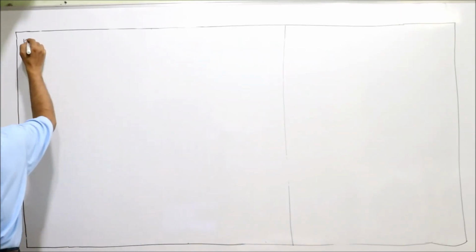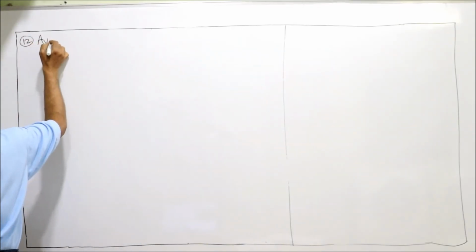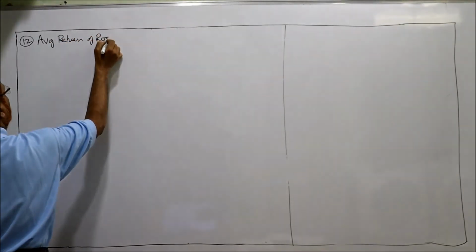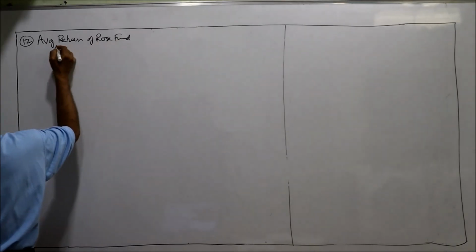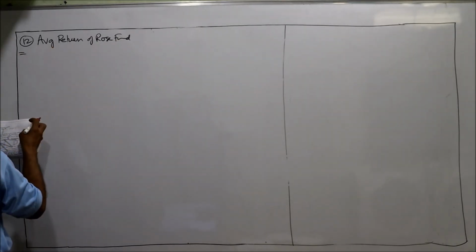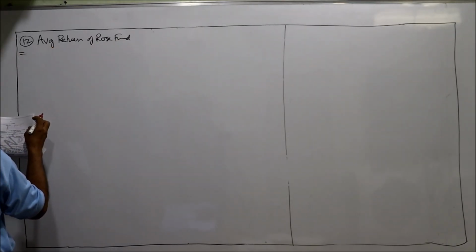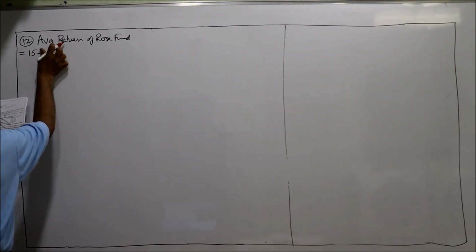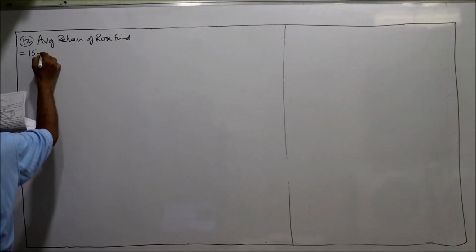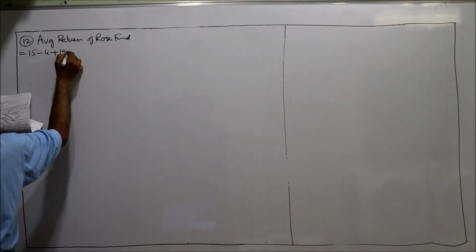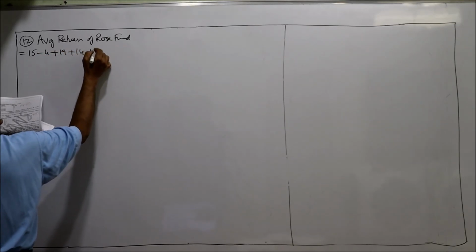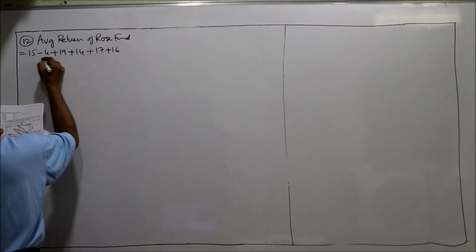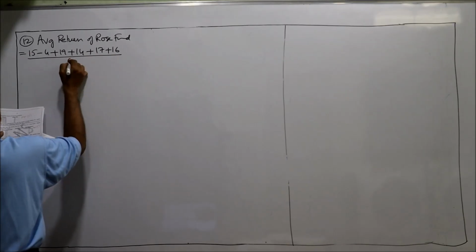Problem number 12. Average return of Rose Fund is equal to 15 plus minus 4 plus 19 plus 14 plus 17 plus 16, divided by 6.